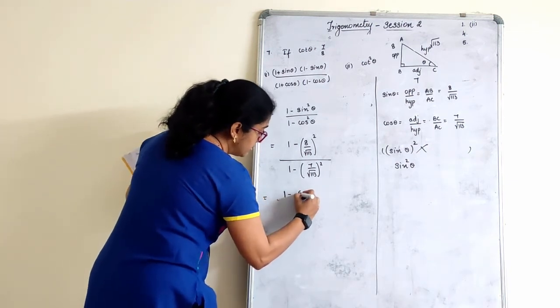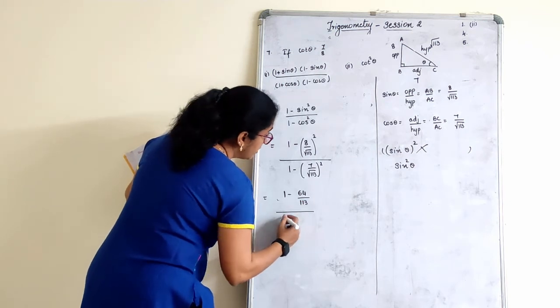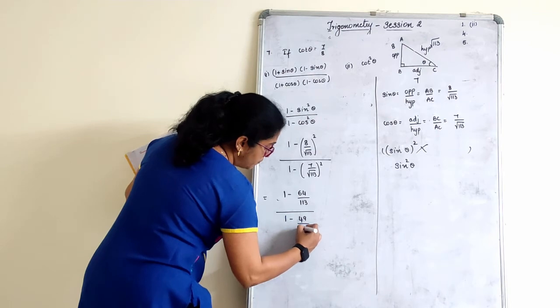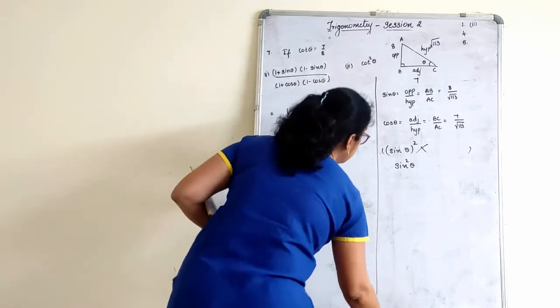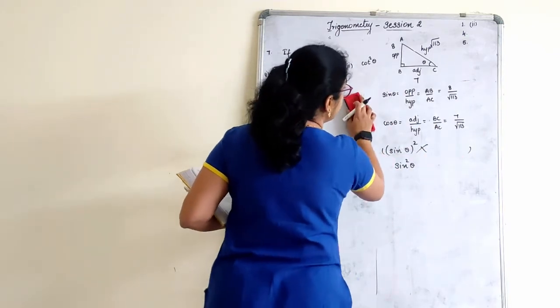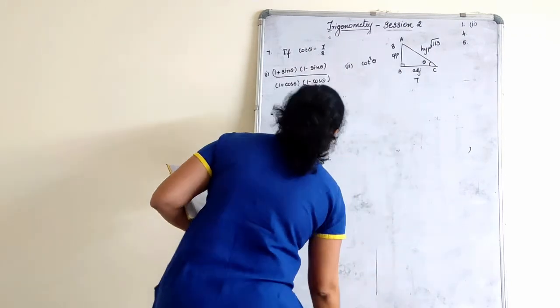1 minus 64 upon 113, correct? And 1 minus 49 upon 113. Now, I'll erase this side as well. Anyhow, you have copied it down.